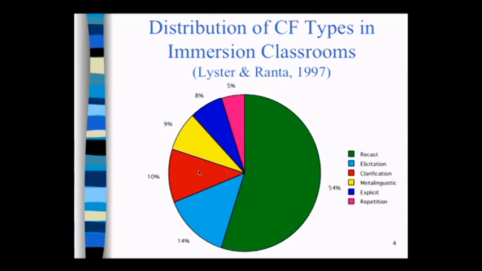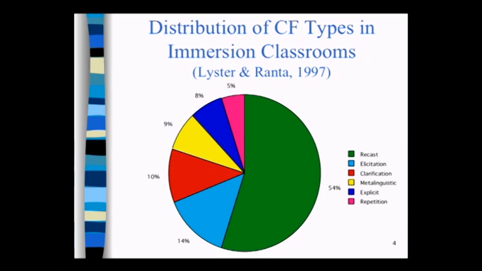So in our study, what was quite striking to us was the prevalence of recasting. What you see here in green is the percentage across 4 different teachers, and it represents the percentage of total corrective feedback used by the teachers, and you'll see that over 55% of all of the feedback included recasting.